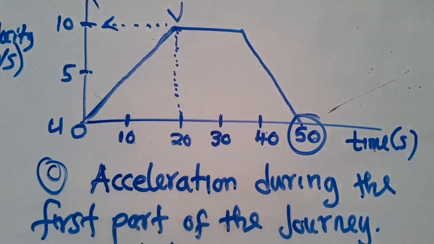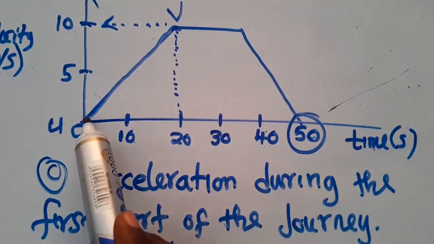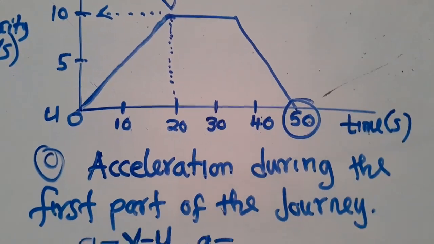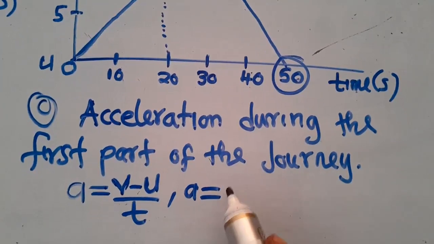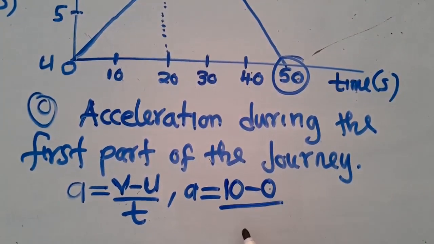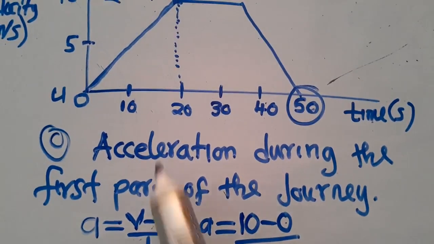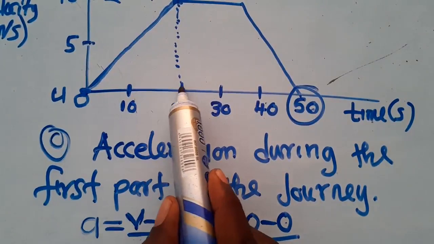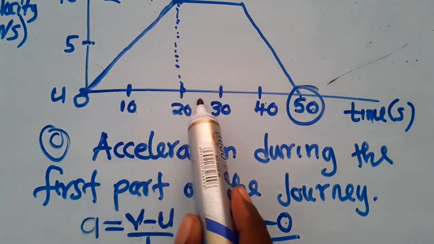Final velocity is 10. Initial velocity is 0. So you say 10 minus 0 over time. What was the time, from there to there? The time was 20.